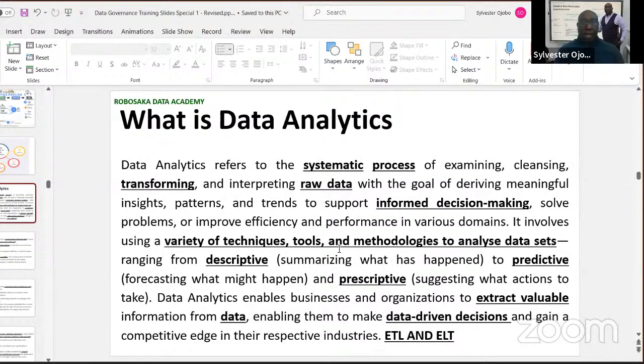which range from descriptive, where we ask questions that summarize what has happened in terms of data. We'll talk about predictive, forecasting what might happen. Prescriptive, we also mentioned, suggesting what action to take. I will also talk about diagnostic as well.